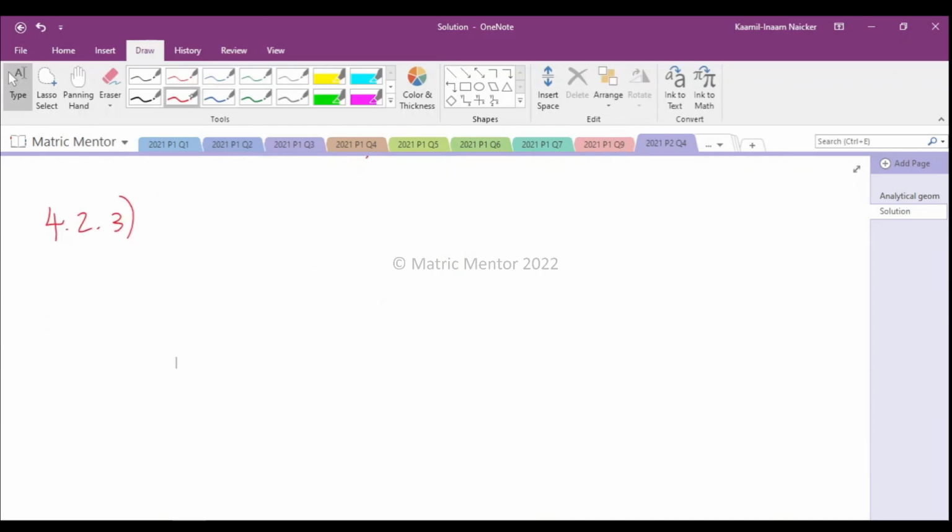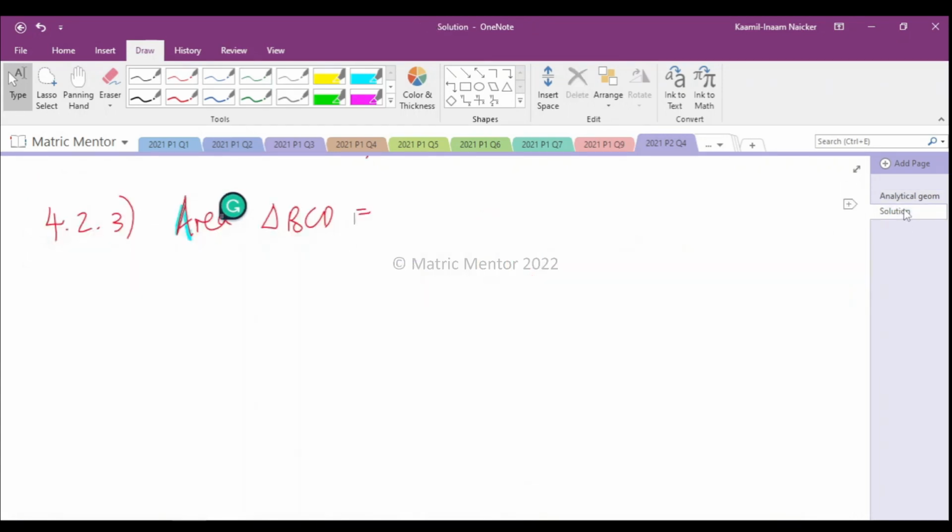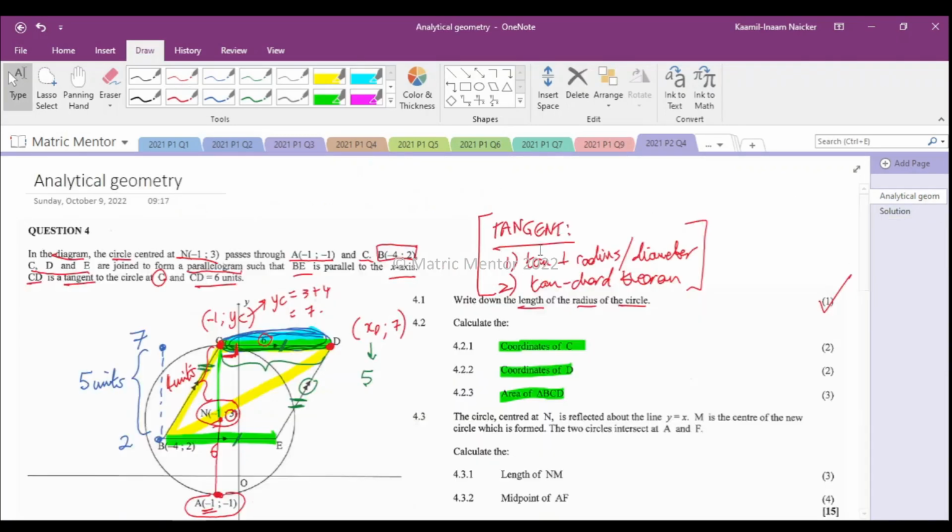So 4.2.3, I'm going to write down, let's change this, area of triangle BCD. Let me go check if I got that name correct. Yes, triangle BCD is equal to a half base times height, which is a half. Now my base was 6 units long, and my perpendicular height, if we go back to the picture, was 5 units.